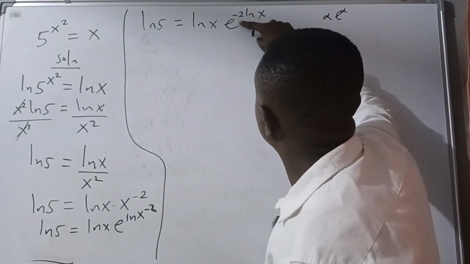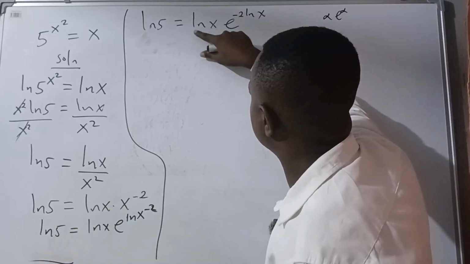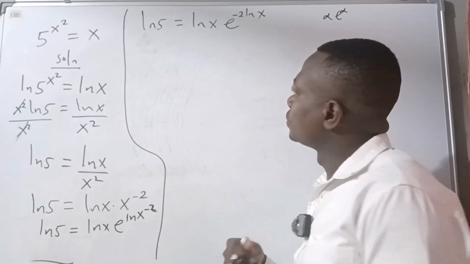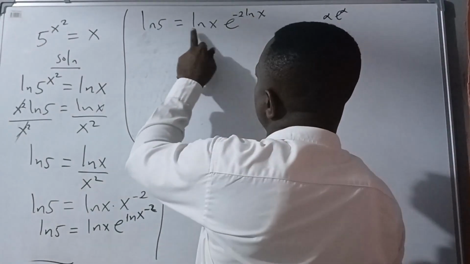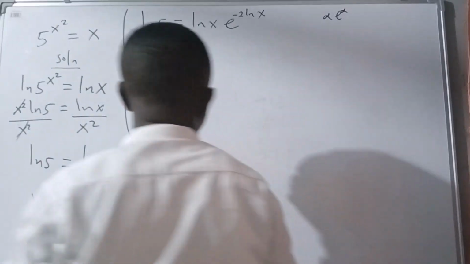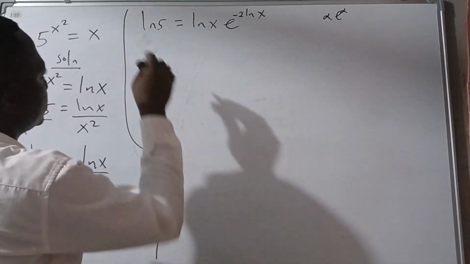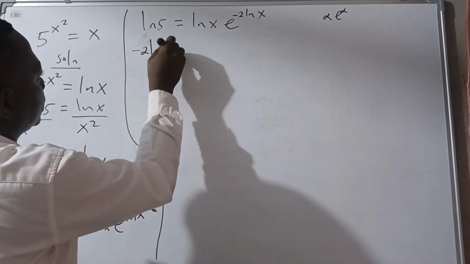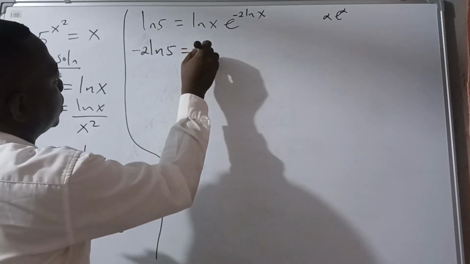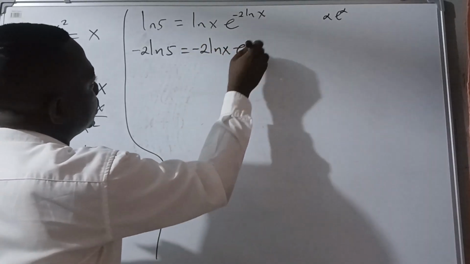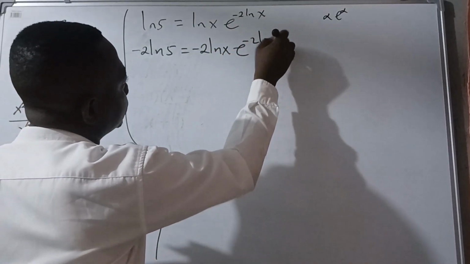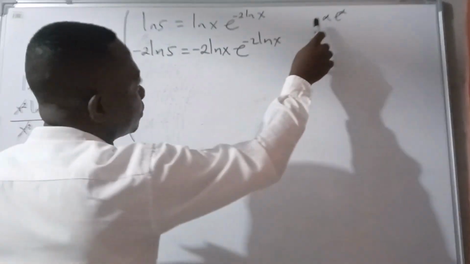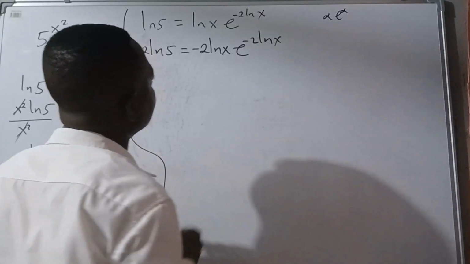Something is missing here: this minus 2 is not here. So I'll balance it by multiplying both sides by minus 2. So minus 2 ln of 5 equals minus 2 ln of x times e raised to minus 2 ln of x. Perfect. So from here, this and this are the same.